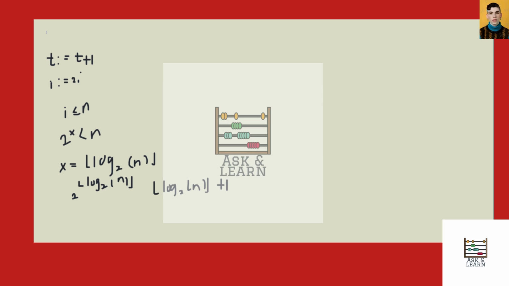So the total number of operations is the product of the number of values of i and the number of operations per iteration of the while loop. So that gives us the floor function log base 2 of n plus 1 times 2, which is equal to 2 times the floor function of log base 2 of n plus 2.